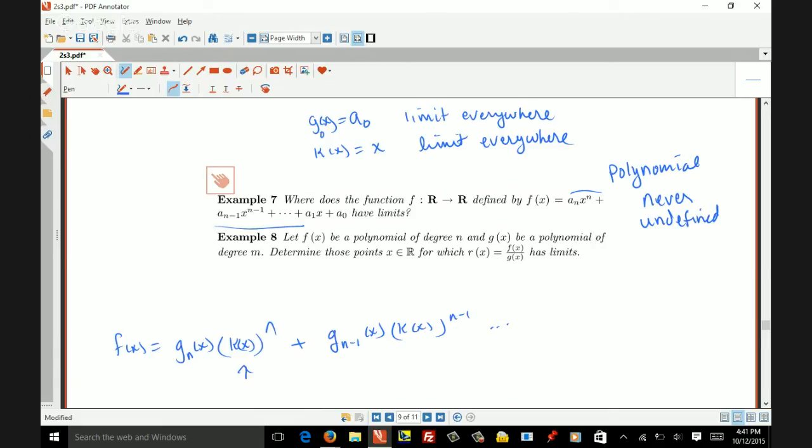Each one of these is a limit everywhere by our previous multiplication theorem. You can multiply things together n times, so you could use induction to show that this has a limit everywhere. We're not going to do that, but that would be the method you would use.